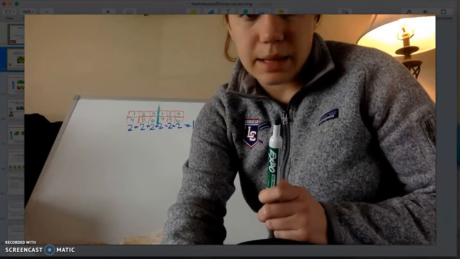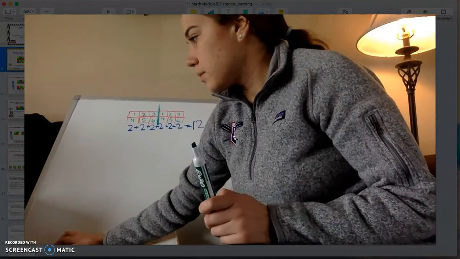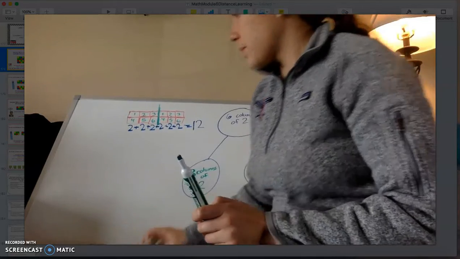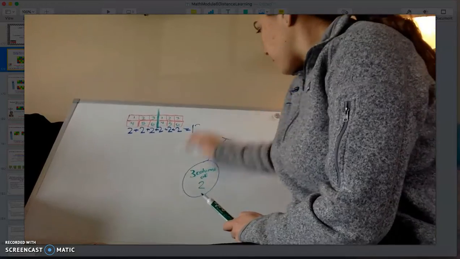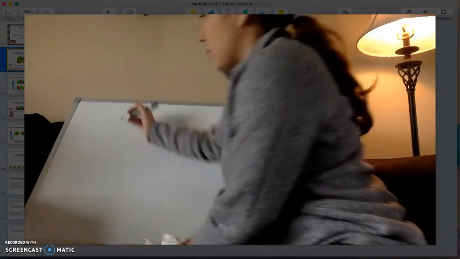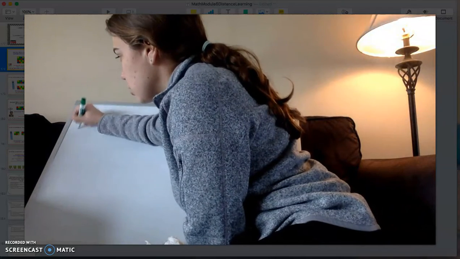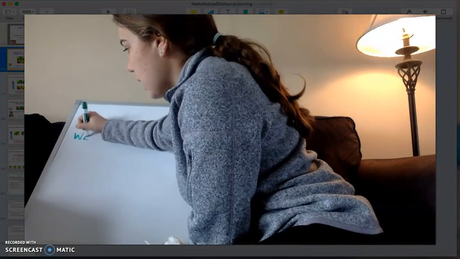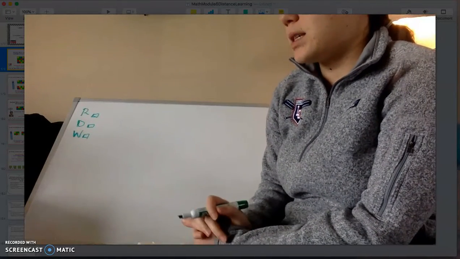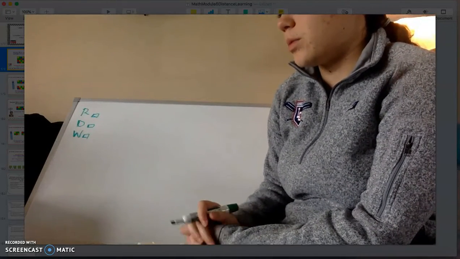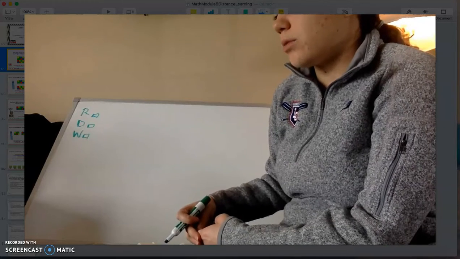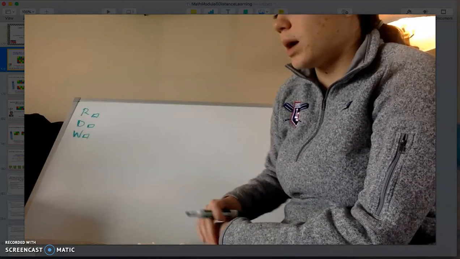Let's move on to our application problem. So we have to follow the read, draw, write checklist. And our problem says, Ellie bakes a square pan of lemon bars, which she cuts into 9 equal pieces. Her brother eats 1 row of her treats, then her mom eats 1 column.